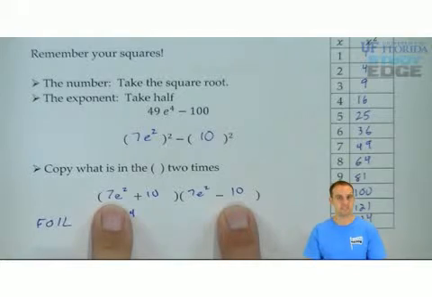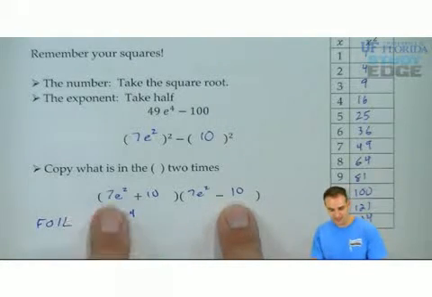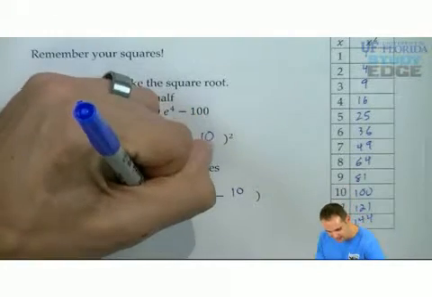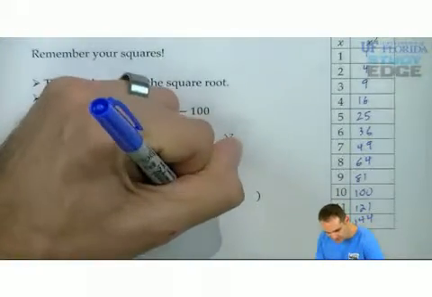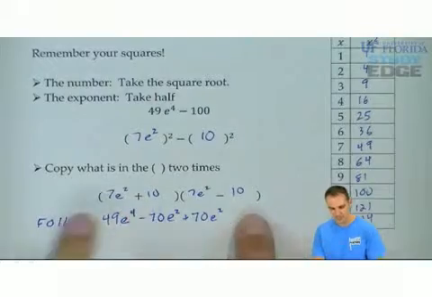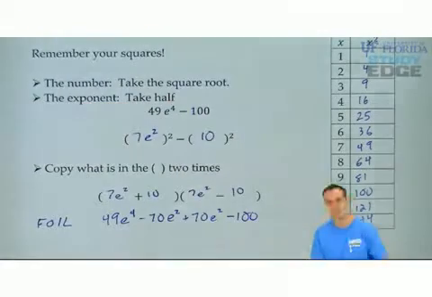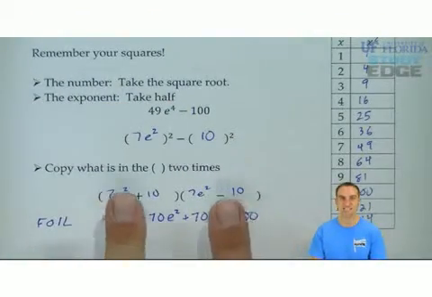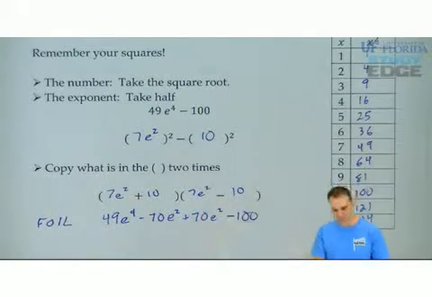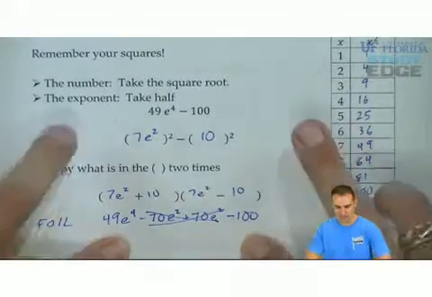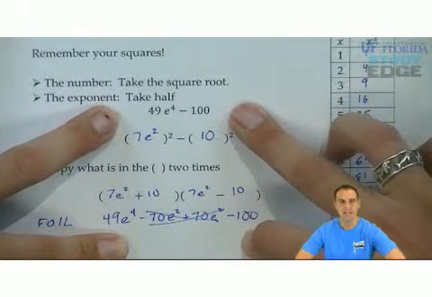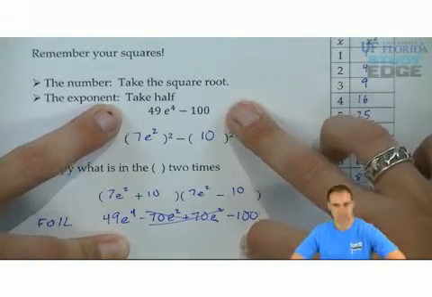Outer, 7e squared times negative 10 is negative 70e squared. The inner is plus 70e squared. And the last is minus 100. And notice, if you have identical terms, one positive, one negative, the middle terms cancel. And we're back to the original problem.